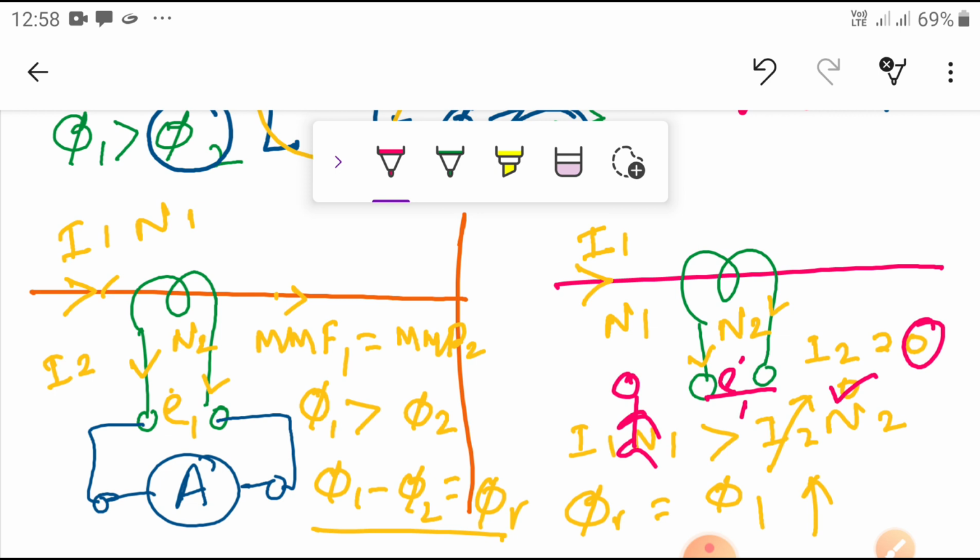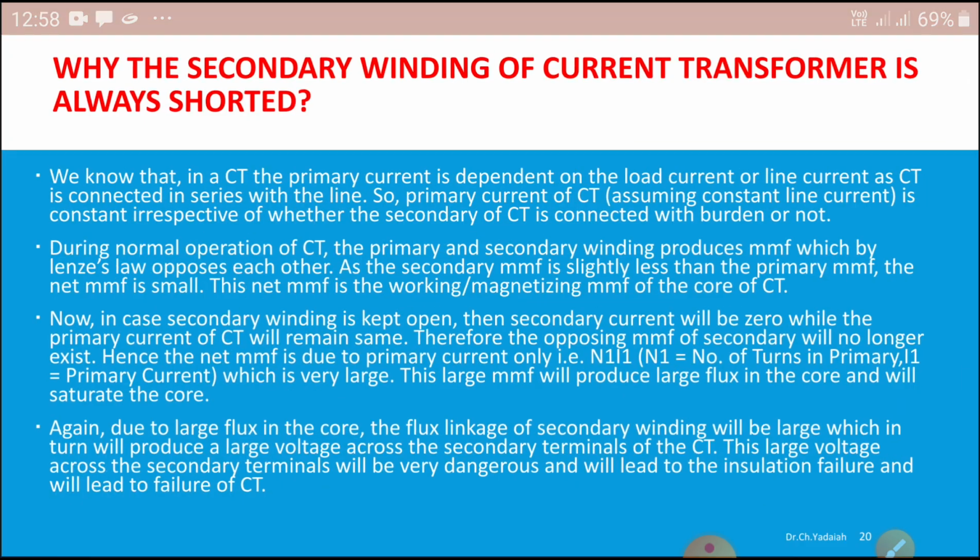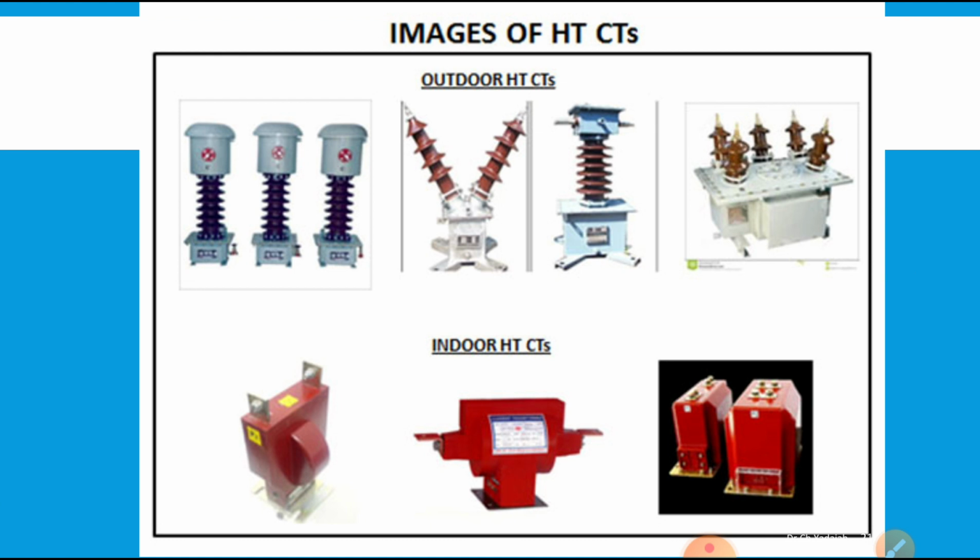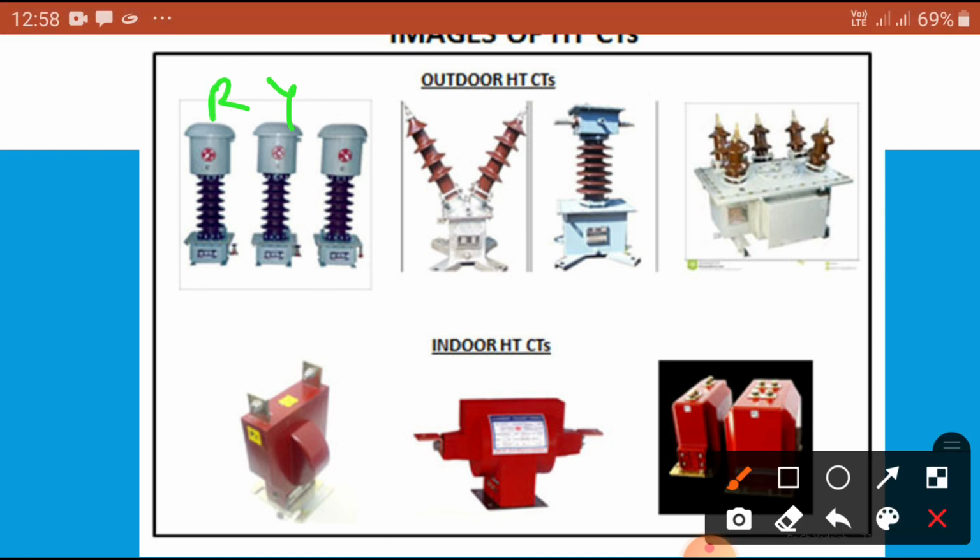Now, you can see some of the outdoor and indoor CTs used in our electrical field. These are some outdoor high tension CTs, exposed to atmospheric conditions and high ranges. One is for the R phase, one for the Y phase and one for the B phase.